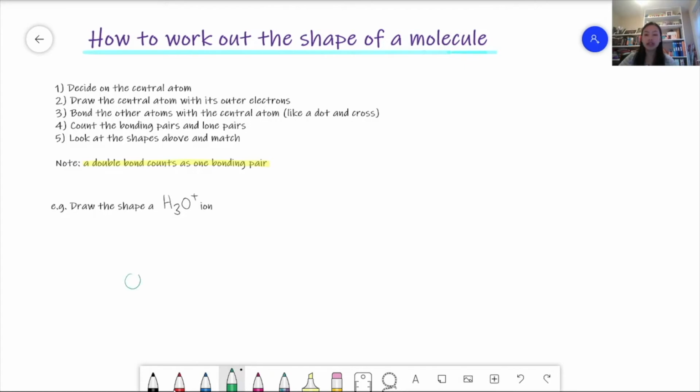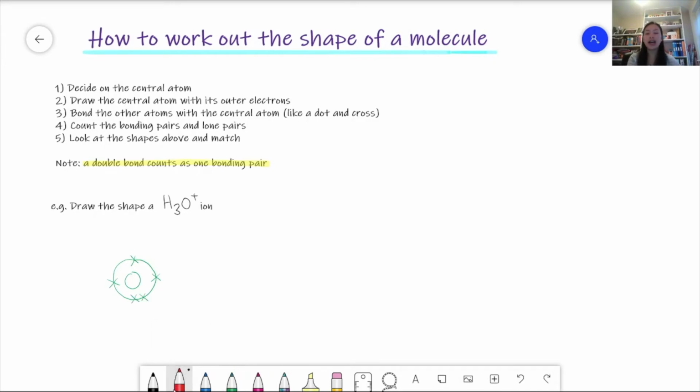So we have an oxygen, and the oxygen is in group 6, but it's a plus ion, which means that it's lost an electron, so it has 5. So 1, 2, 3, 4, 5.